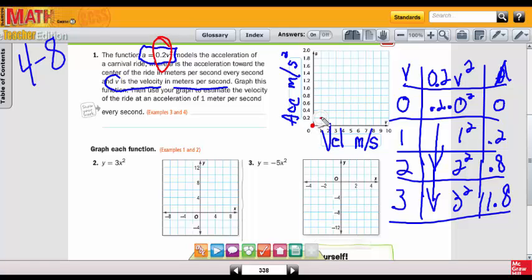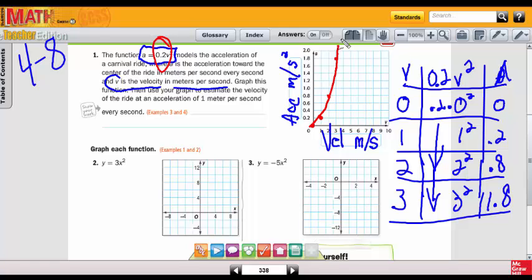So we're right here at 2/10. Next, we're going to do 2 and 8/10, so we're at 2 and up to 8/10. And lastly, we're at 3 and up to 1.8, or 1 and 8/10. So there are our 4 points, and you can see we have a nice parabola sloping upward like this.